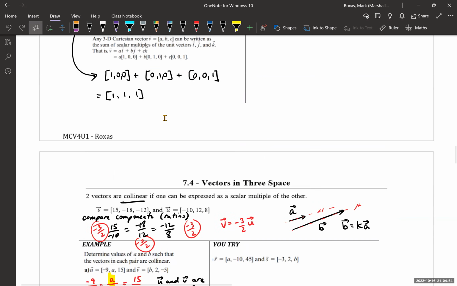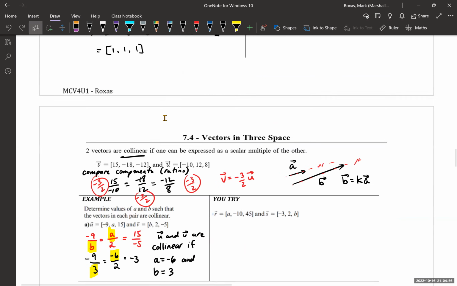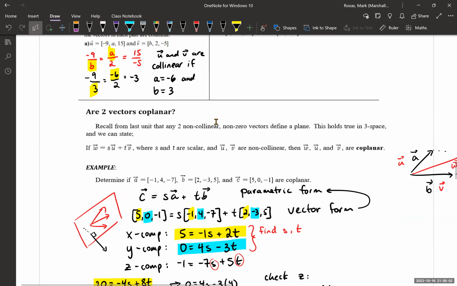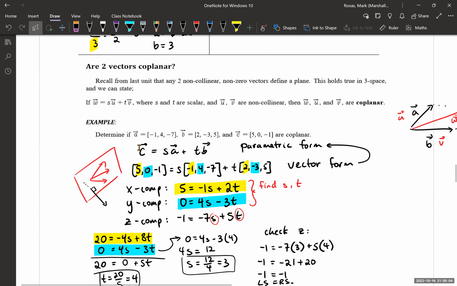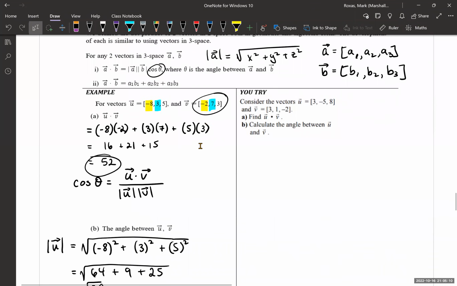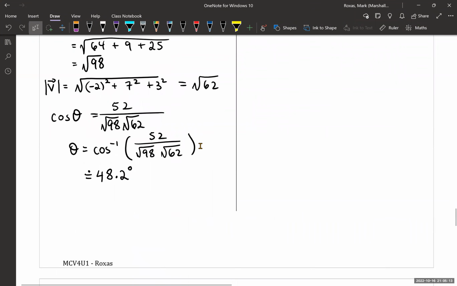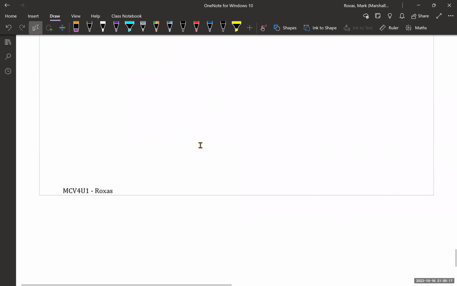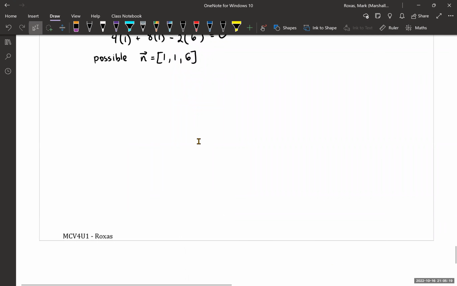Everything we did in 7.1, 7.2, 7.3 repeats here, but now with a third dimension. Then we talked about how three vectors can make a plane, and how they can be coplanar. And then we looked at applying the dot product in 3D space. So that is 3D vectors in our video lesson.